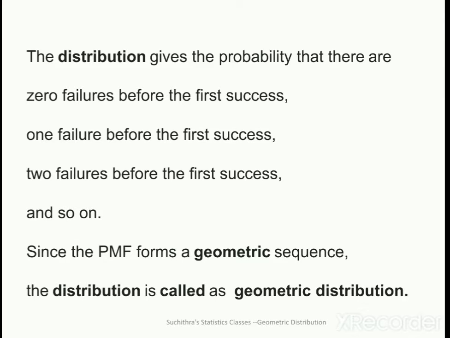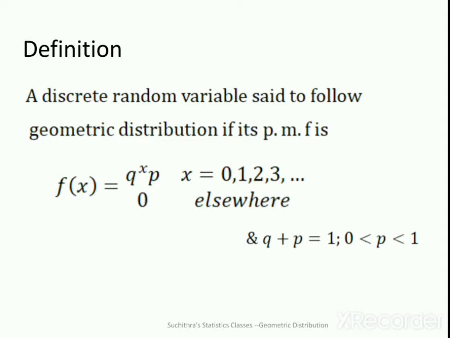Since the PMF forms a geometric sequence, the distribution is called the geometric distribution. Now let us define what is meant by geometric distribution. A discrete random variable is said to follow the geometric distribution if its PMF is f(x) equal to q raised to x times p for the values of x from 0 to infinity and equal to 0 elsewhere, where q plus p equals 1 and 0 is less than p is less than 1.